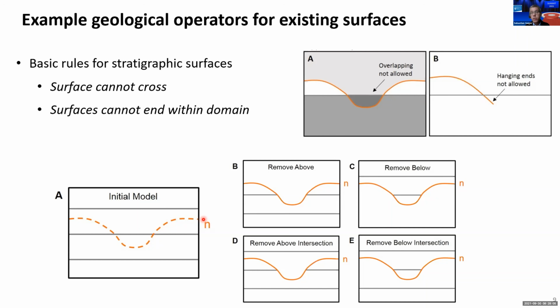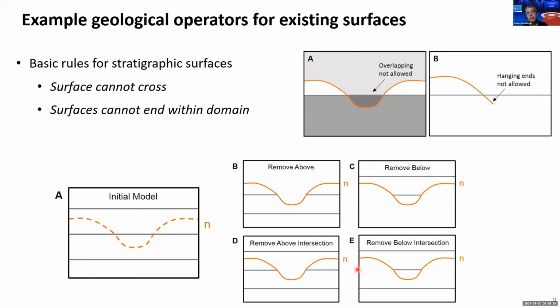If we define geological operators, for example, remove above, then when we sketch this new surface, all existing surfaces above it are removed. So we could model an erosion event. We also have the equivalent of remove below, where all older surfaces are removed, or we only remove above or below the intersection of the new surface and all existing surfaces.